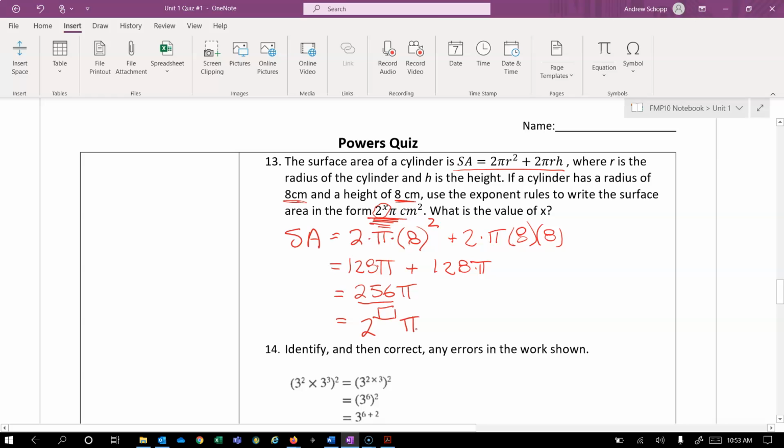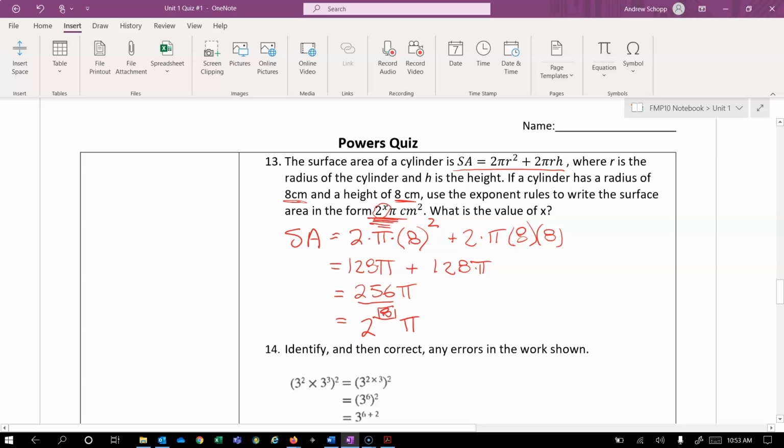And then you could just work through the powers of 2 to find out what value that is. So 2 times 2 is 4. That's 2. And then to the power of 3 would be 8, 16, 32, 64, 128, 256. So we end up with 2 to the power of 8.